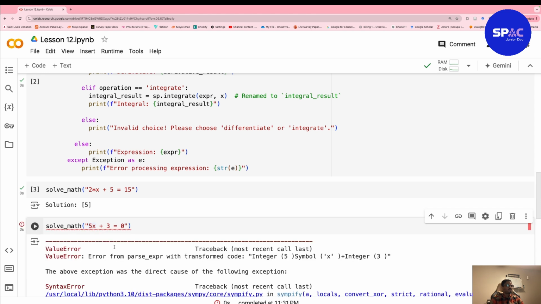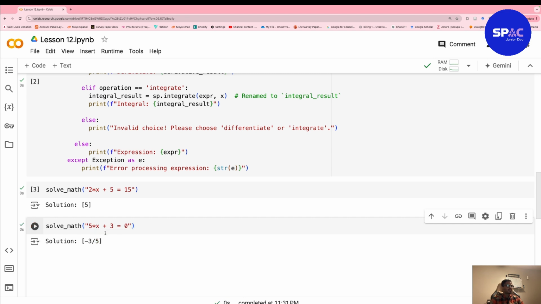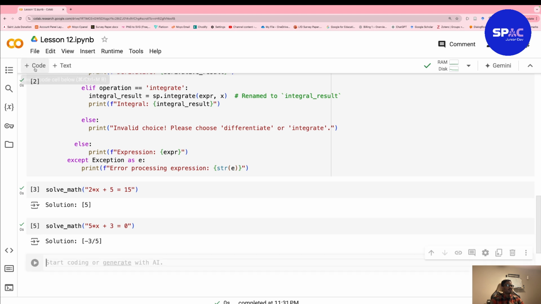So let me show you. You see, it did not give me an error now that I put a multiplication here, and the answer to this should be minus 3 over 5, not minus 5 over 3, because this will go all the way. Okay, so that's for that one.